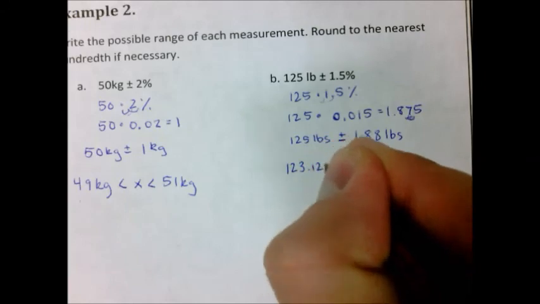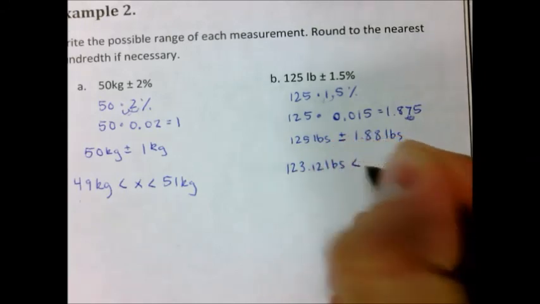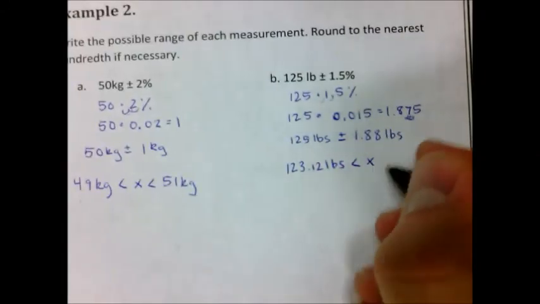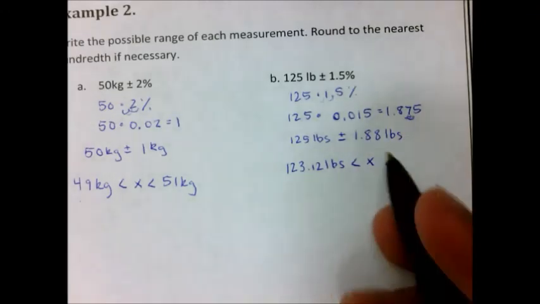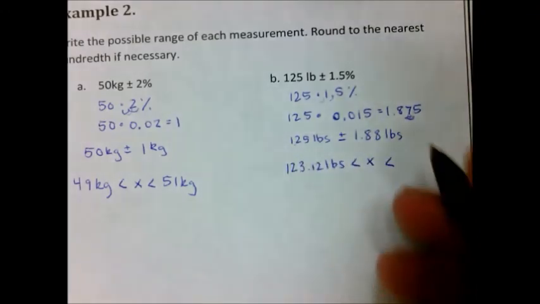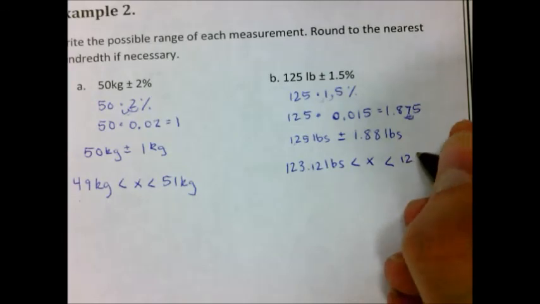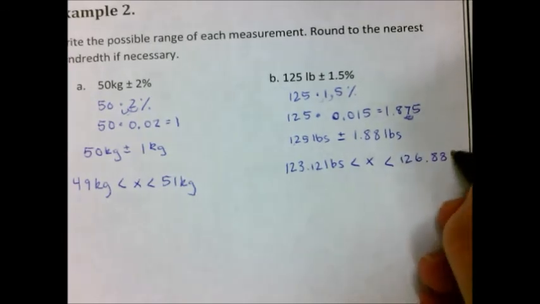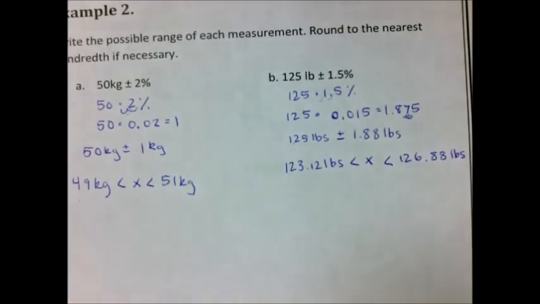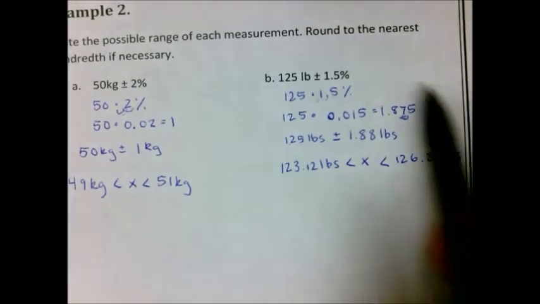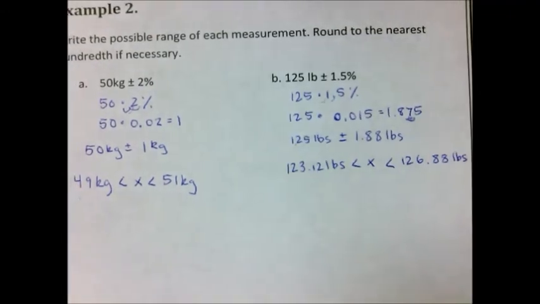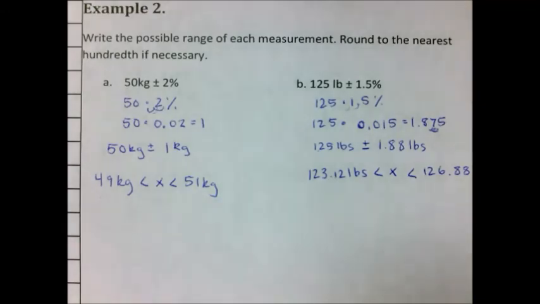So 123.12 pounds is less than x, the range that we want to be in, which is less than 125 plus 1.88, and that's kind of easy to do: 126.88 pounds. That means we're supposed to be within this specified range. All right, that's all we're doing for tolerance here, and I hope you enjoyed it.